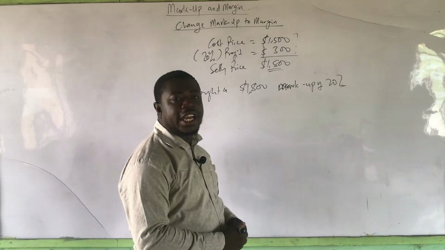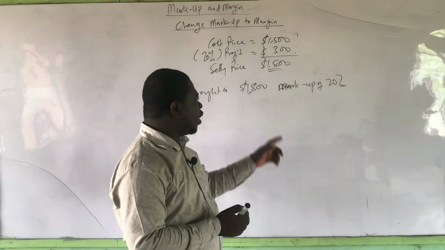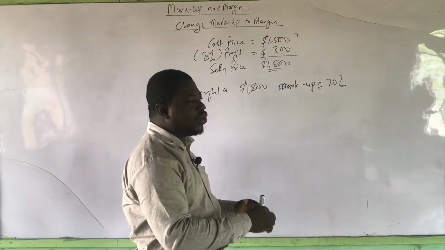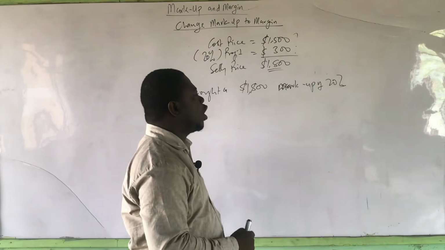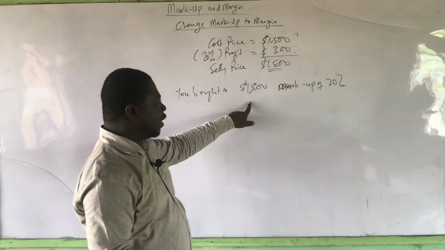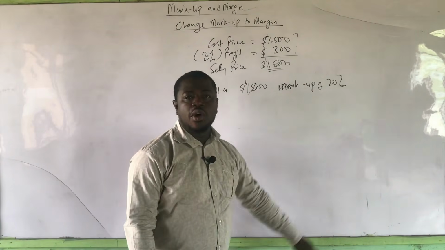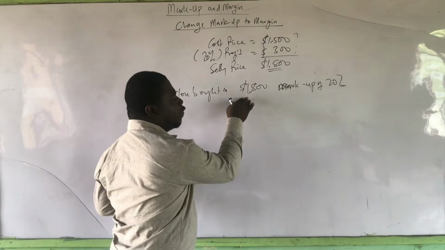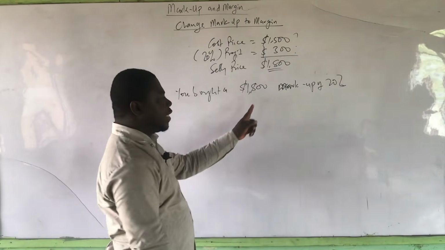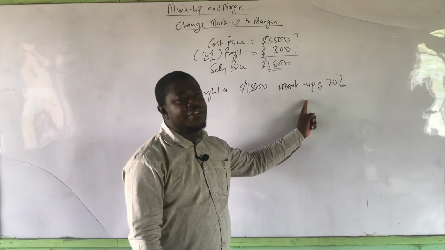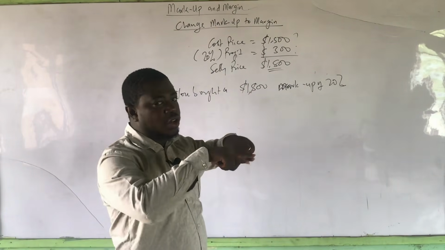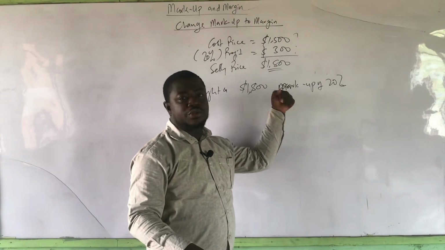Then you are asked to find the profits on the item. So let's say you are selling it for 1,800 with a markup of 20% profit. Now take note. You are selling it for 1,800 means that it is a selling price. But you are not given a margin, you are given a markup. And I told you that markups and selling price are not compatible. You need to change the markup to margin.